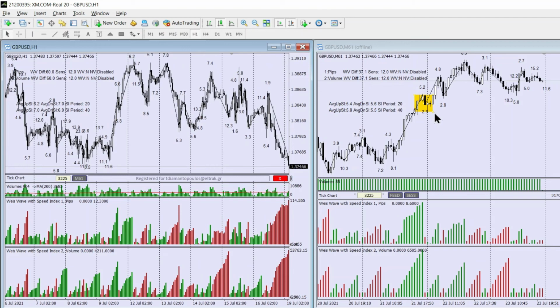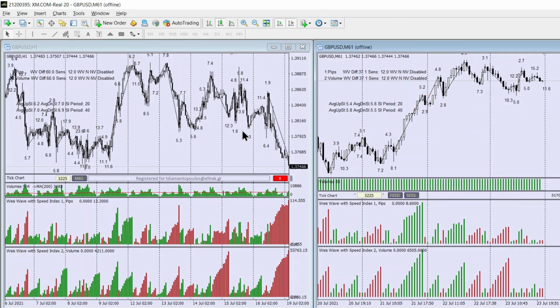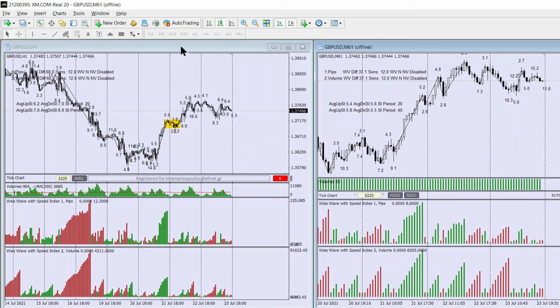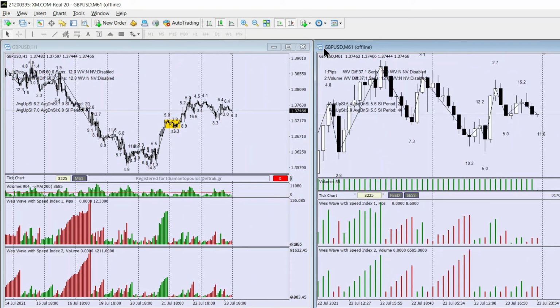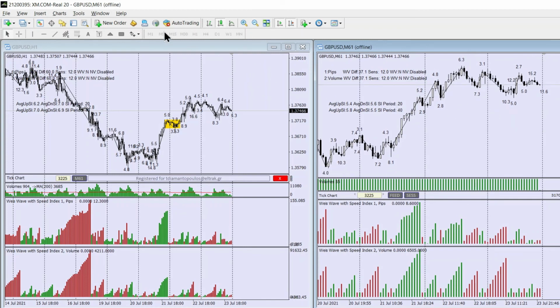Let's see what's the difference between these two charts here. Look at this volume, and look at this pip move.